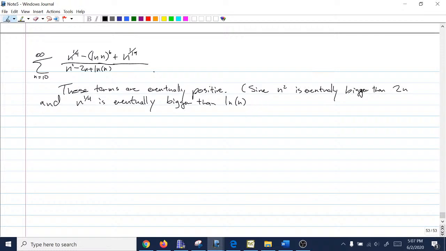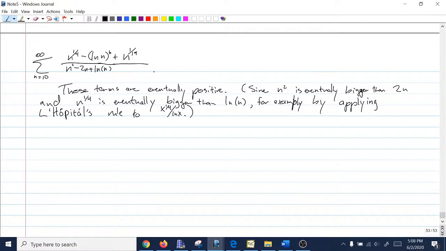Yeah, n to the 1/4 is eventually bigger than log n, for example, by applying L'Hopital's rule to x to the 1/4 over log x.